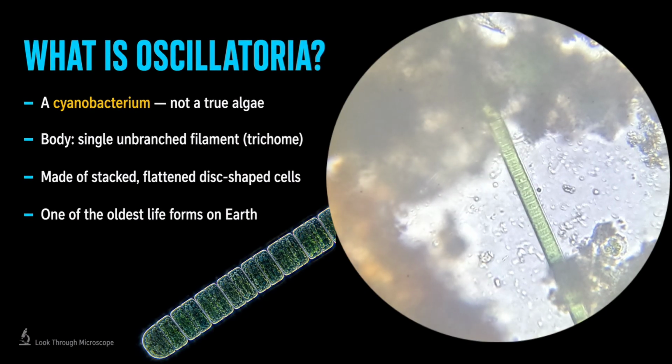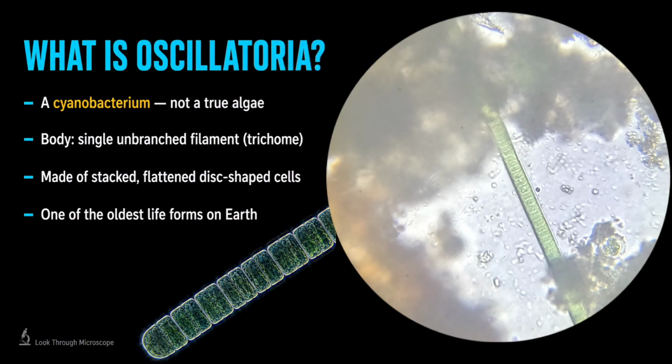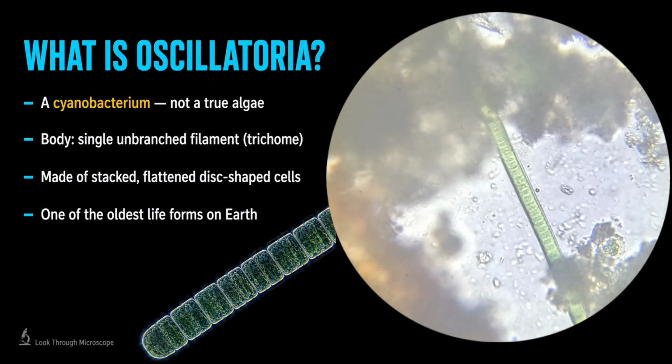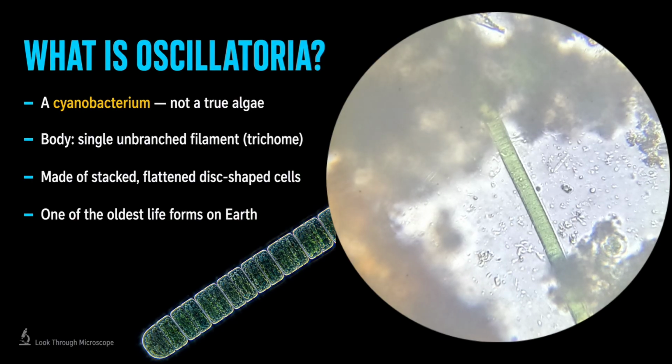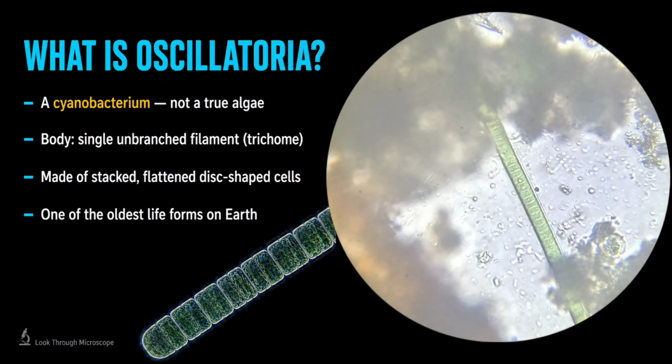So what are we actually looking at? It's Oscillatoria. It belongs to a group called cyanobacteria, and you might know them better as blue-green algae. But here's a twist. They are not all algae at all. They are bacteria. Ancient bacteria. Some of the oldest life forms on this planet, going back over 2 billion years.